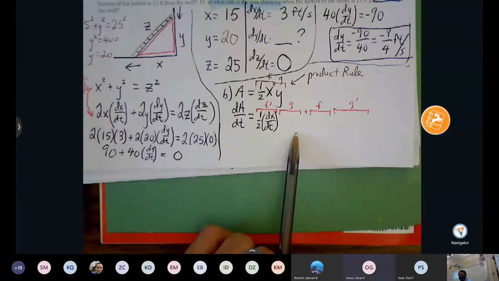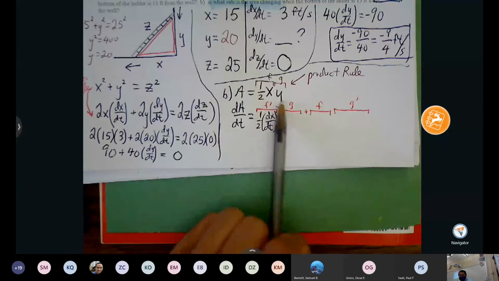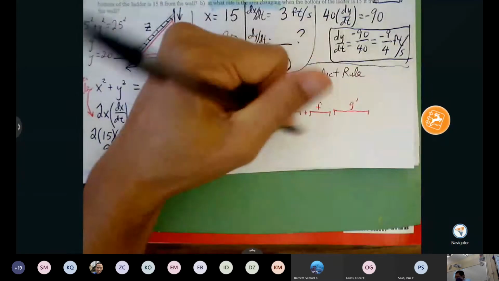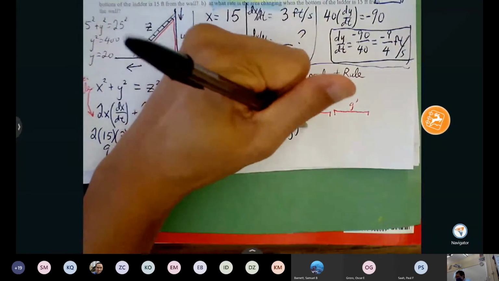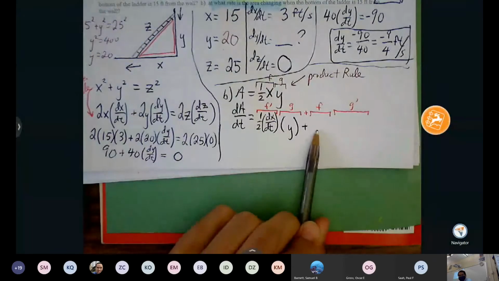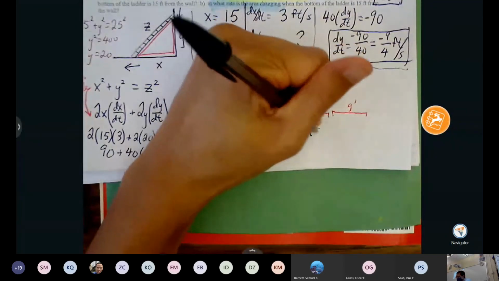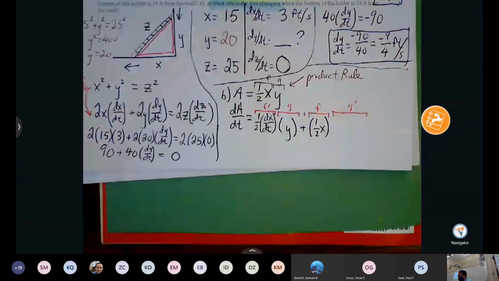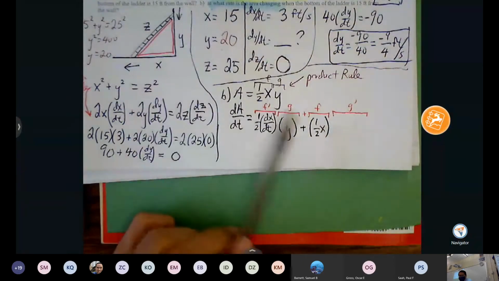All right, so let's fill in the g portion. No changes, right? f portion, no changes. And what's g prime going to be?